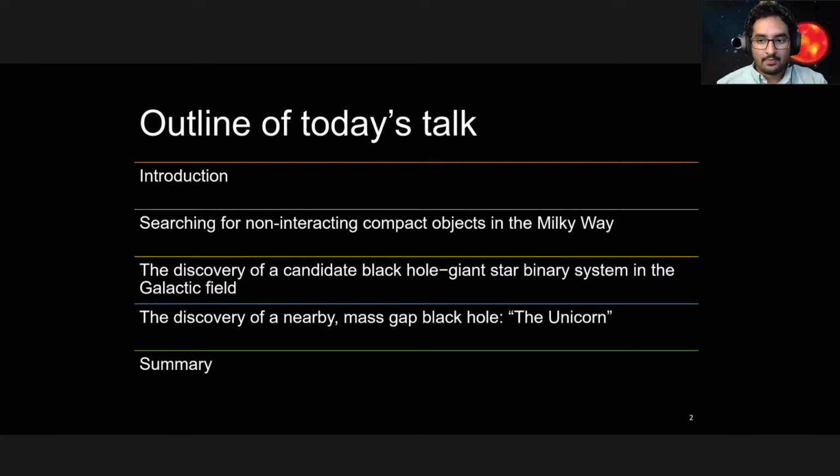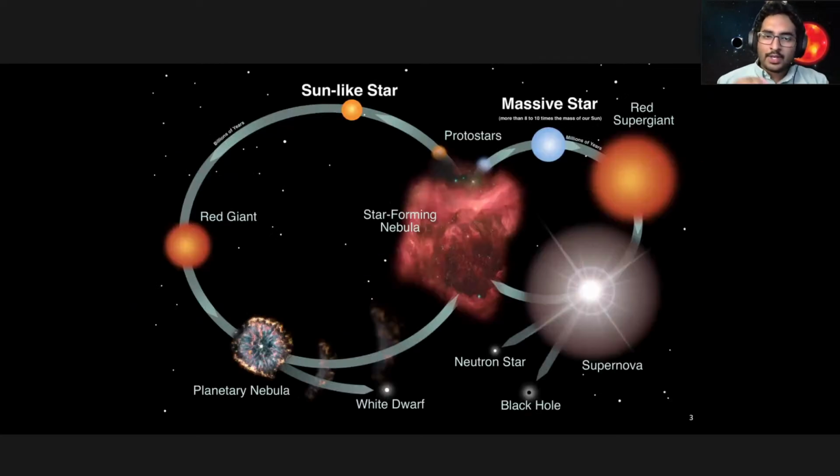All right, so when it comes to studying stellar mass black holes, our story starts with massive stars in the Milky Way. These are stars with masses larger than about 8 solar masses. As illustrated by this figure here, stars like our sun evolve very differently when compared to massive stars.